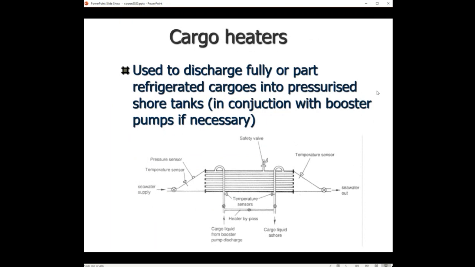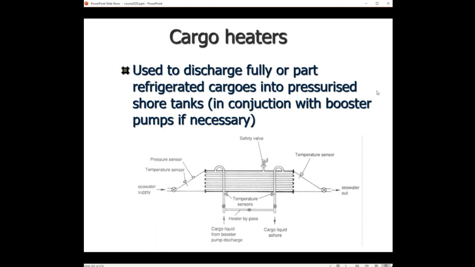The first one is the cargo heater. We spoke already about the cargo heater when we discussed the problem when we discharge cargo from a type A tank towards a type C tank. Then we need to warm up the cargo without evaporating it.